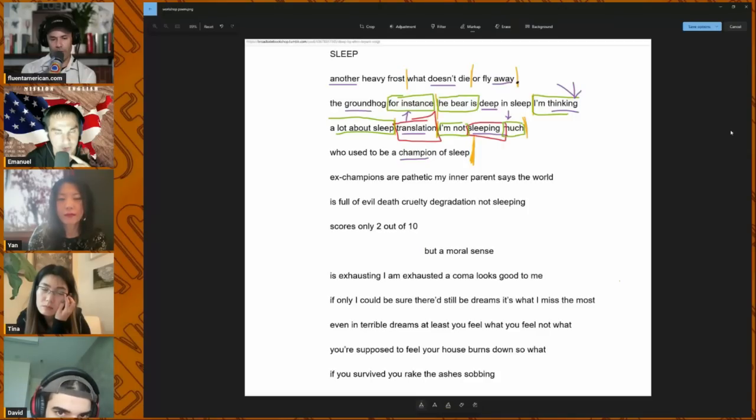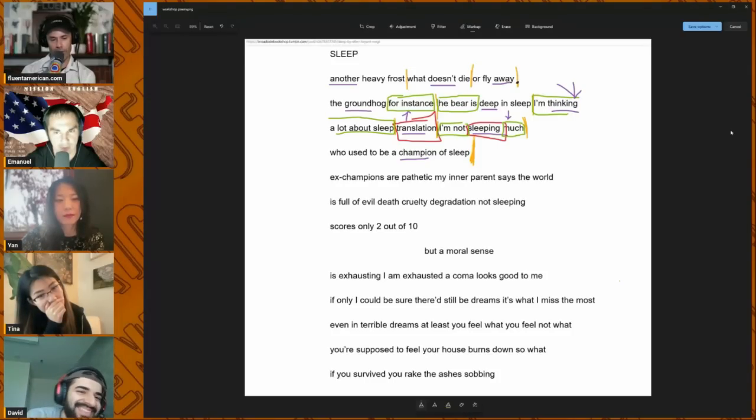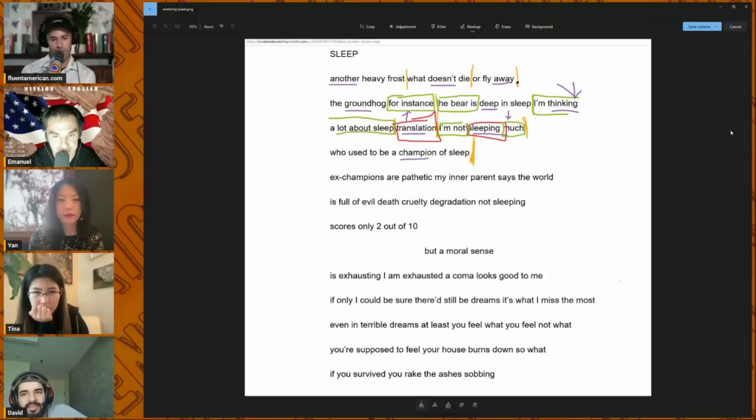I want your fasts to go faster and your slows to go slower. Wait, what? I want you to go faster where you're going fast, and I want you to go slower where you're going slow. I think a lot about sleep. Translation, I'm not sleeping much. Get it one more time.